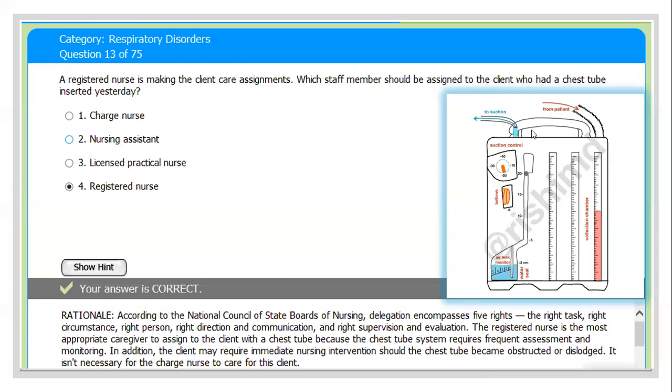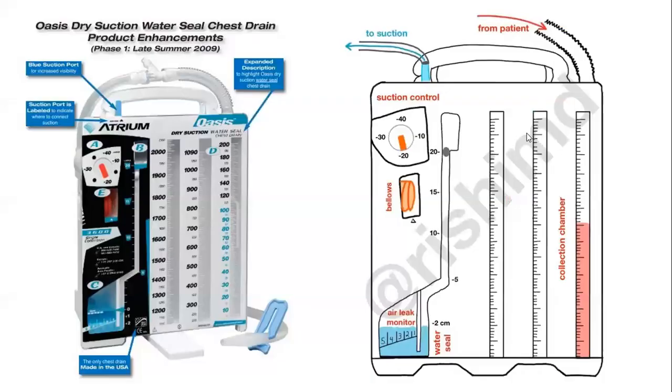For some reason, the NCLEX board likes to ask questions about chest tubes, so here I'm going to explain a little bit. A chest tube system has three chambers, an easy way to explain. One is called the water seal chamber.